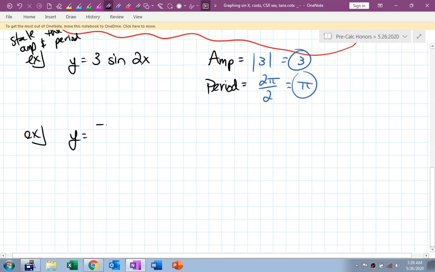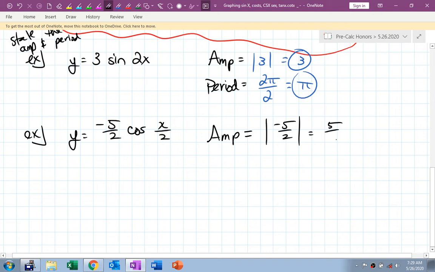Y equals negative 5 halves cosine of, let's do x over 2. So my amplitude is the absolute value of whatever's in front of the sine or cosine, so negative 5 over 2, or 5 halves.